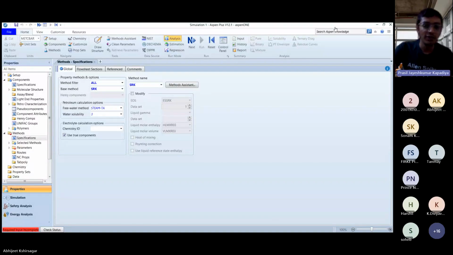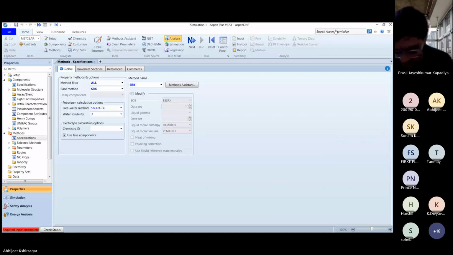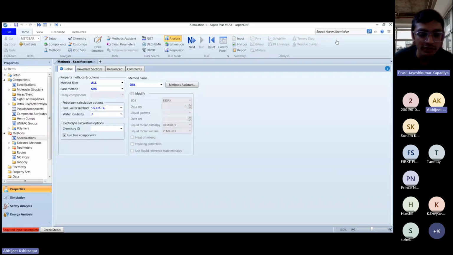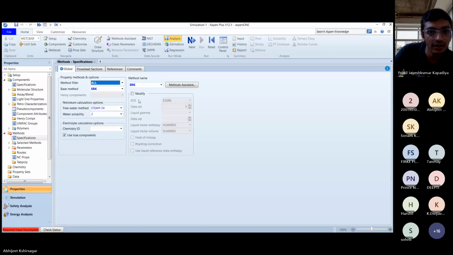Say first, say to everyone what you are doing. Discuss what you are doing. My screen is visible. Yes. The method is RK-Soave, not SRK.